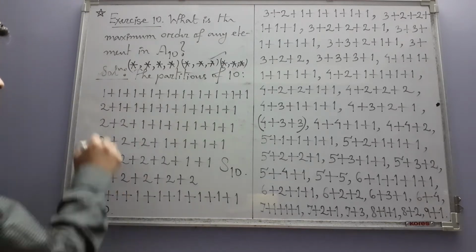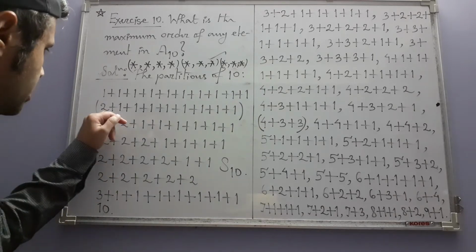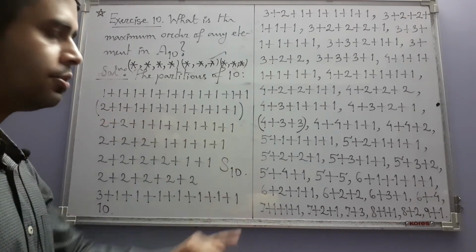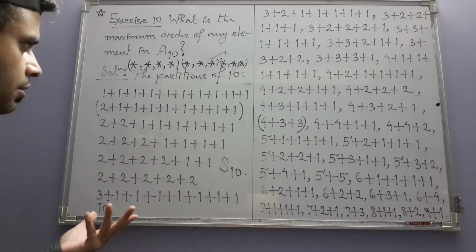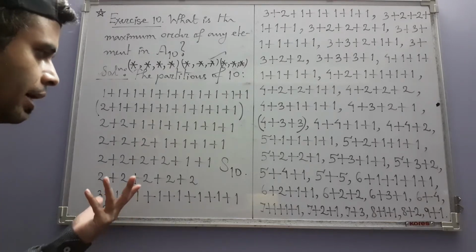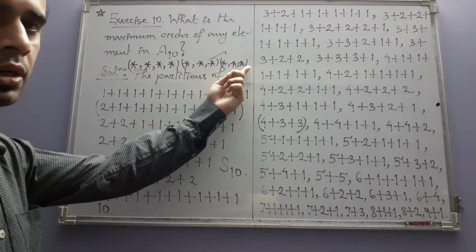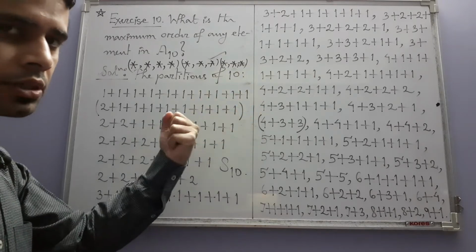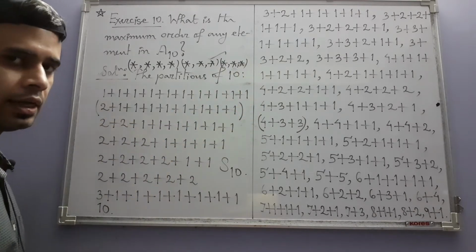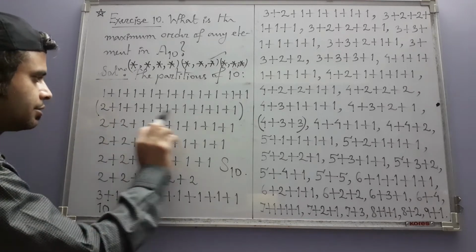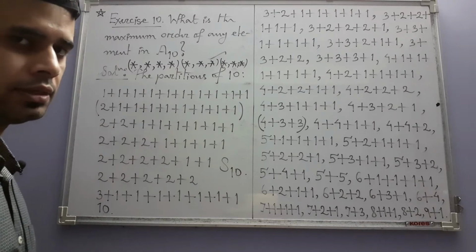Just like that, this partition corresponds to a product of a 2 cycle and 8 1 cycles, but 1 cycles don't matter. We neither write them in our representation as a product of disjoint cycles of a permutation like this, nor do they affect the order in any way, because if you take the LCM in this type of calculations, 1 does not affect anything.